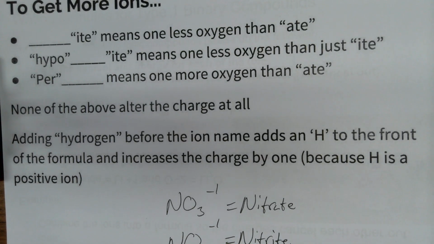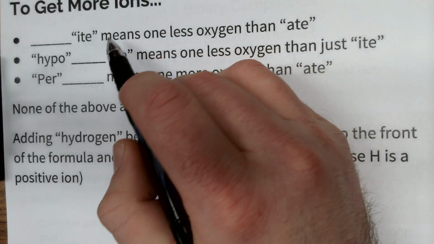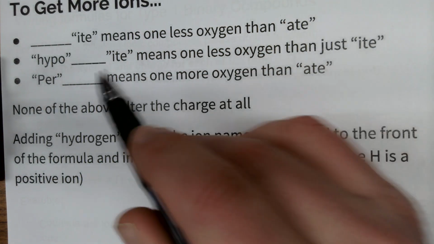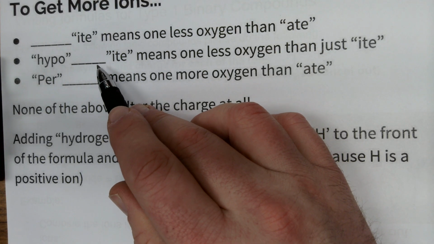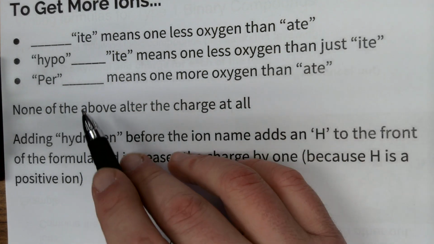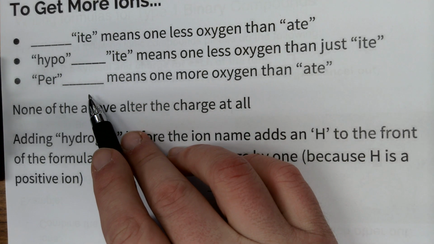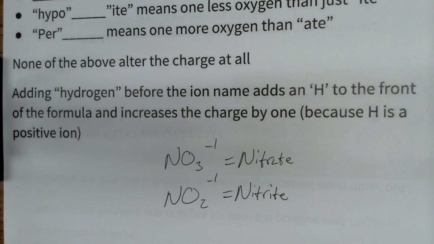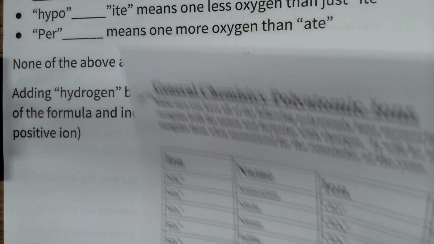If I know every -ate, I know all my -ites. If I know every -ate, I know all my hypo-ites. If I know every -ate, I know all my per-ates. Which comes in handy.